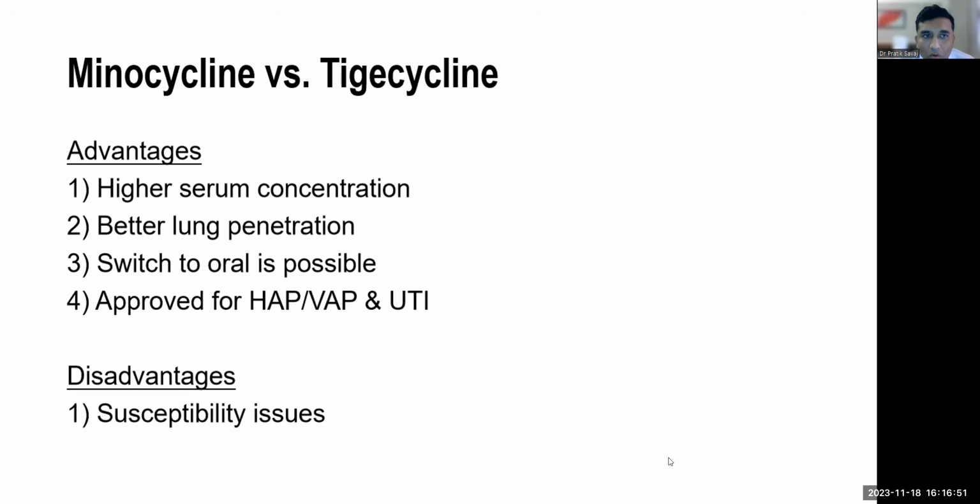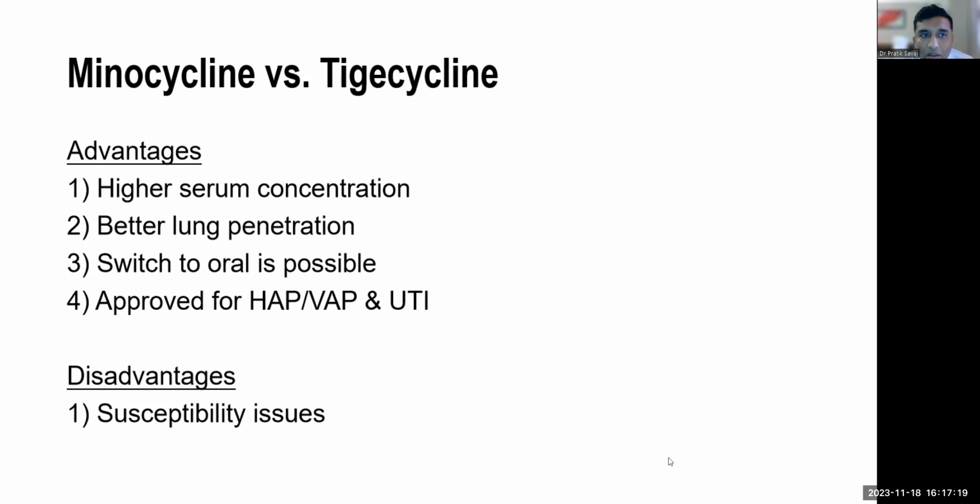Okay, so what is the advantage of minocycline over tigecycline? Sometimes we see that both are sensitive in the culture report. So when to prefer minocycline? Let's remember that tigecycline does not achieve a good serum concentration with a regular dose. But now most clinicians and intensivists are using a double dose, which can achieve a good serum concentration.